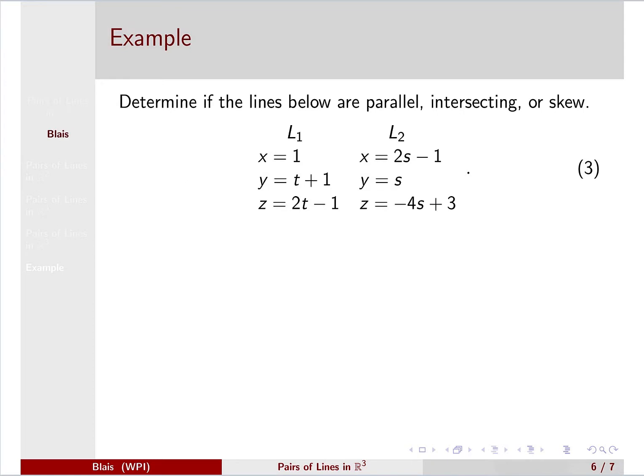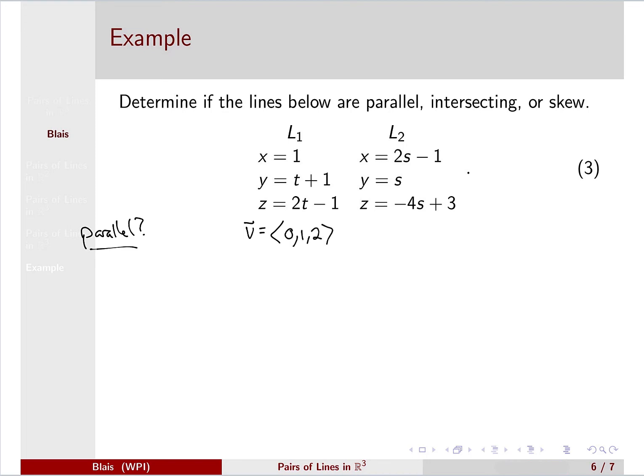So this is best seen via an example. Let's determine if these two lines are parallel, intersecting, or skew. The first thing we do is check to see if they're parallel. We see L1 has parallel vector, remember, we pull the coefficients of the parameter, so we have 0, 1, 2.